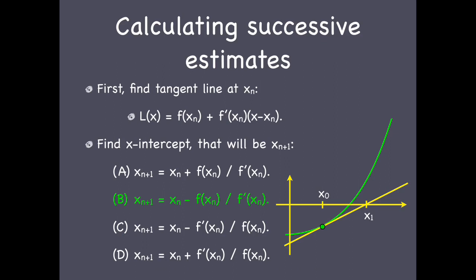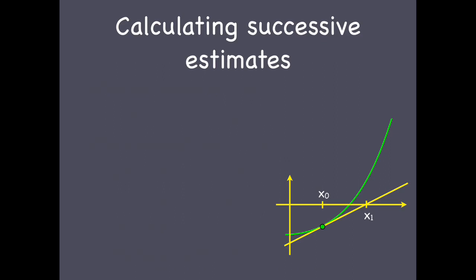And we can see that because we had L, let me change the color on that. L of x is f of xn plus f prime of xn times x minus xn.